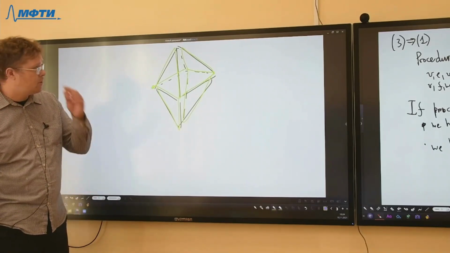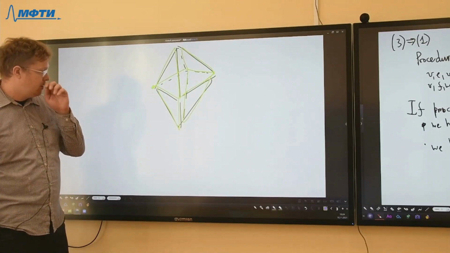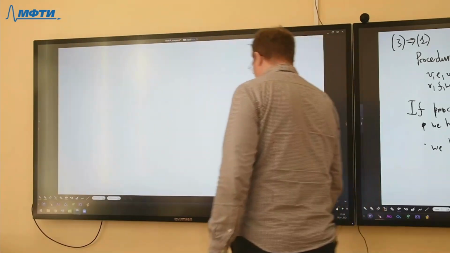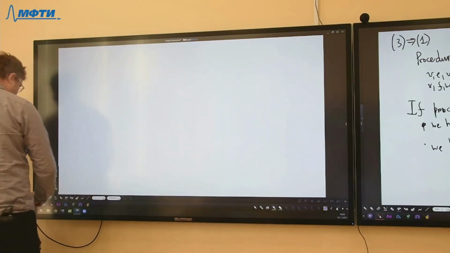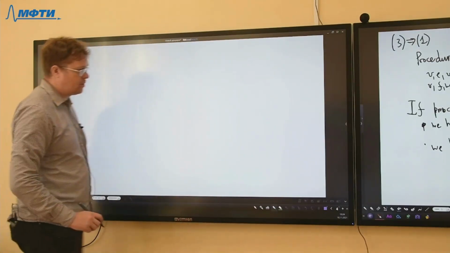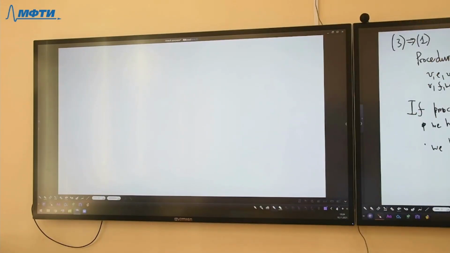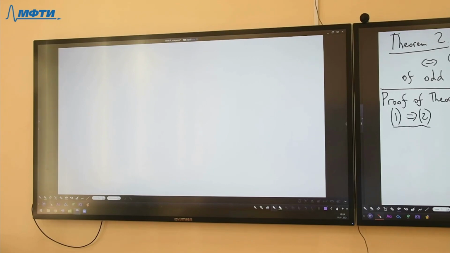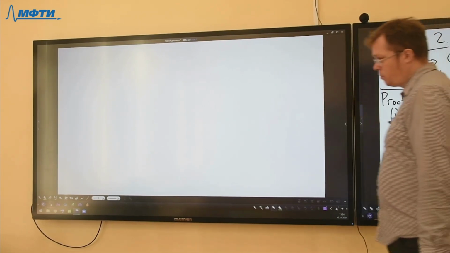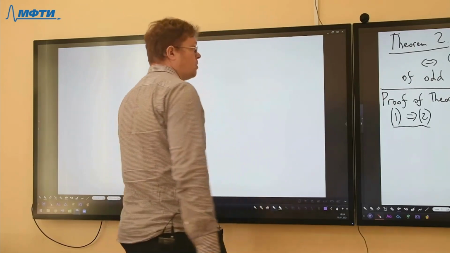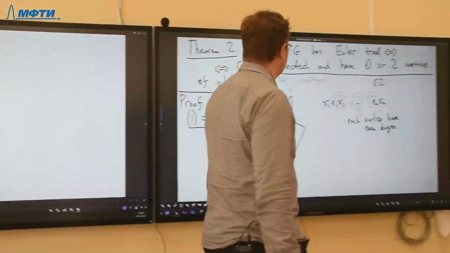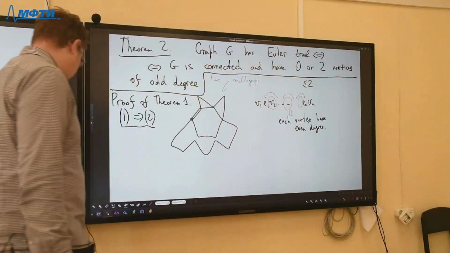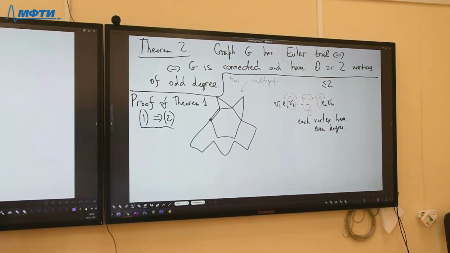Okay, so let's talk about the Euler trail, and then we will have a little break, I suppose. So what about the second statement, the second theorem? We just proved the conditions for a graph to have an Euler circuit, and now the Euler trail is a trivial corollary.